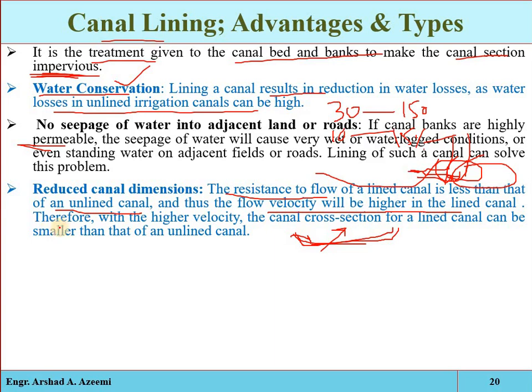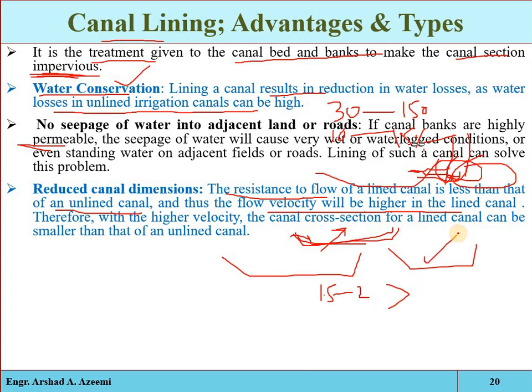If you have two canals of the same cross section, same bed slope, same wetted perimeter, and the same longitudinal slope, then the velocity of the water in the lined canal will be 1.5 to 2 times greater than the velocity in the unlined canal.